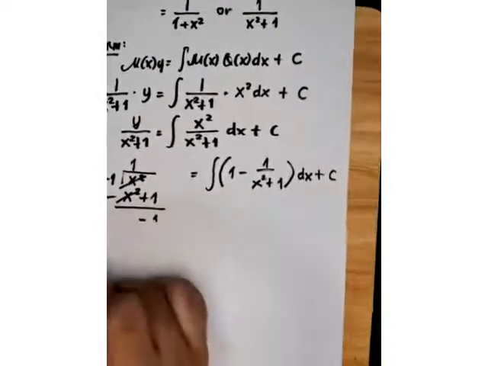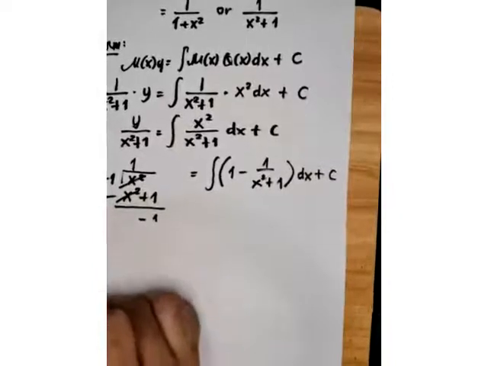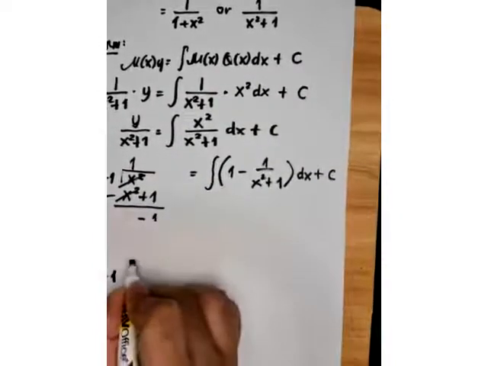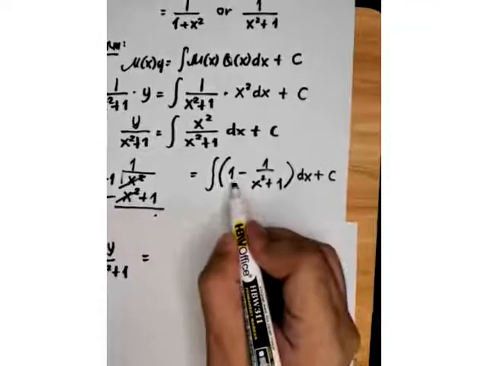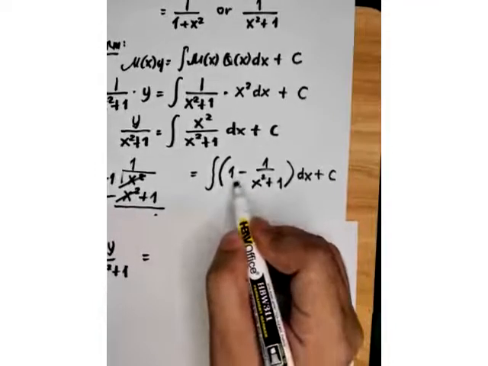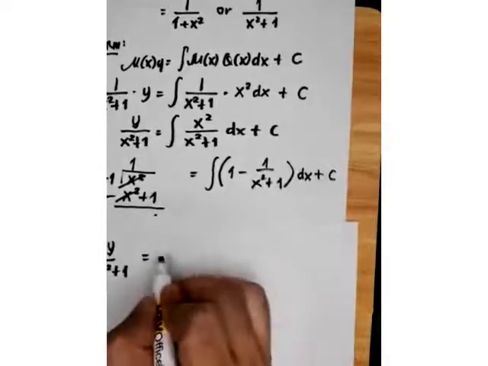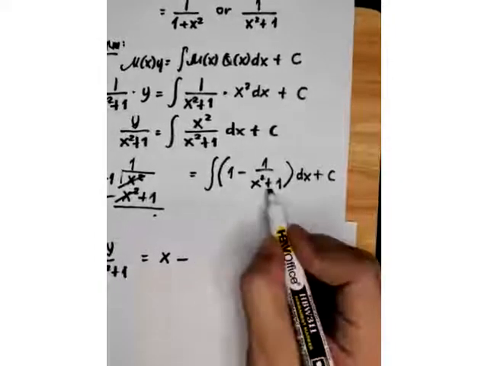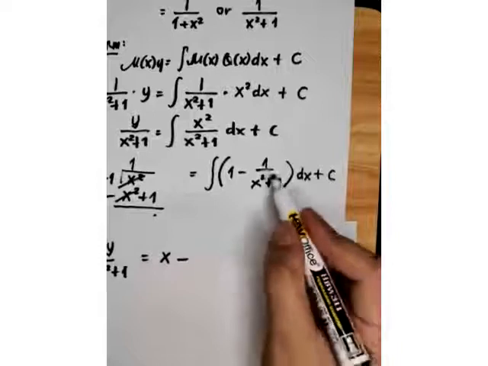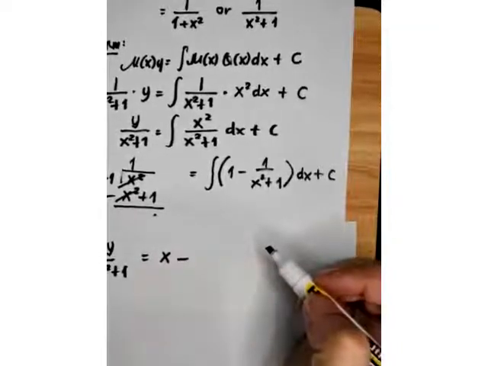Okay, let me rewrite that. So therefore, we'll have y over x squared plus 1 is equal to, ano ang integral nitong 1? Okay, syempre that is x. Minus, how about this one? How will you integrate this?